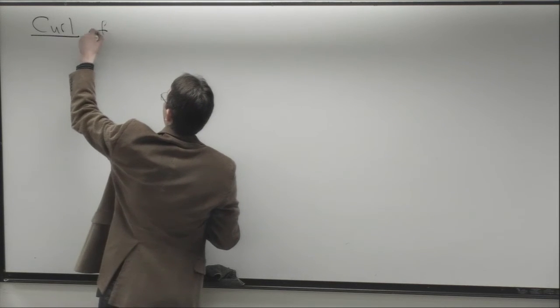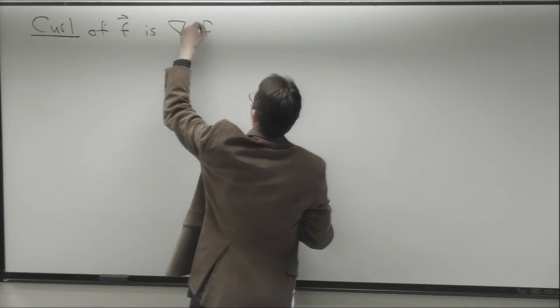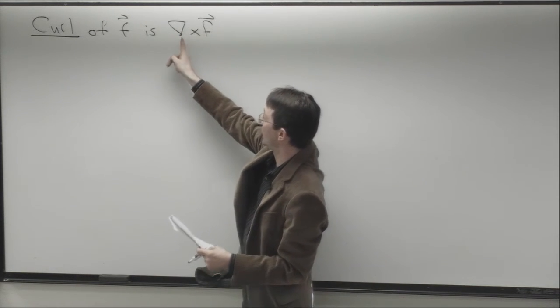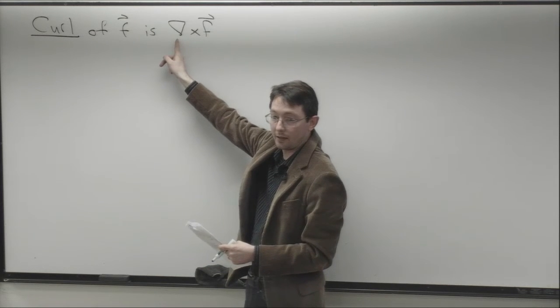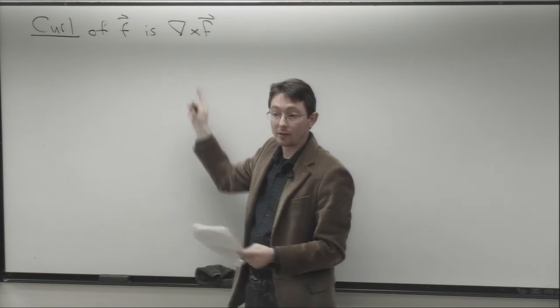So the curl of my vector field f is given by the cross product of del with f. And remember, from the last lecture, whenever we take the cross product with a vector, we can write that as a matrix.